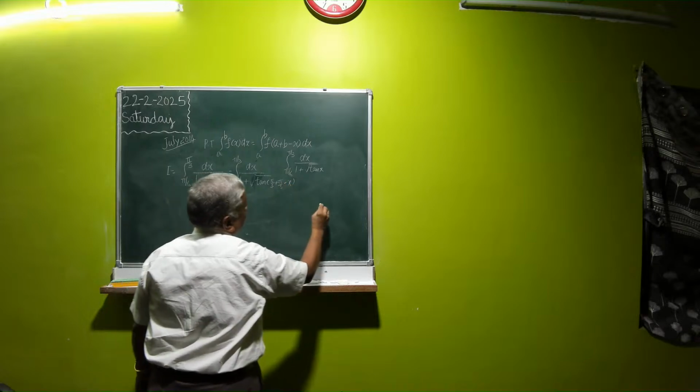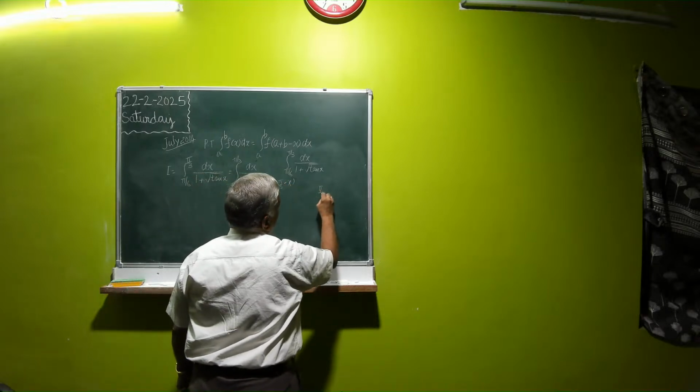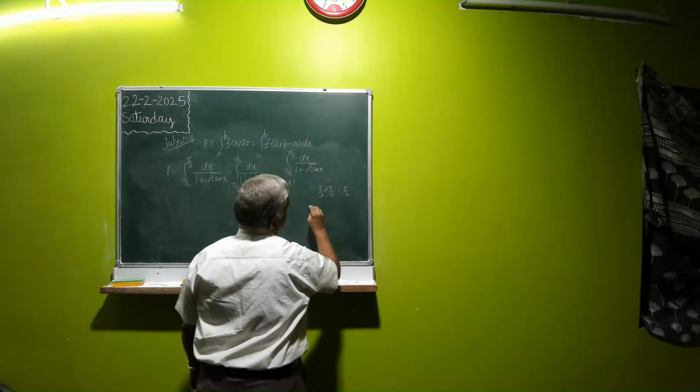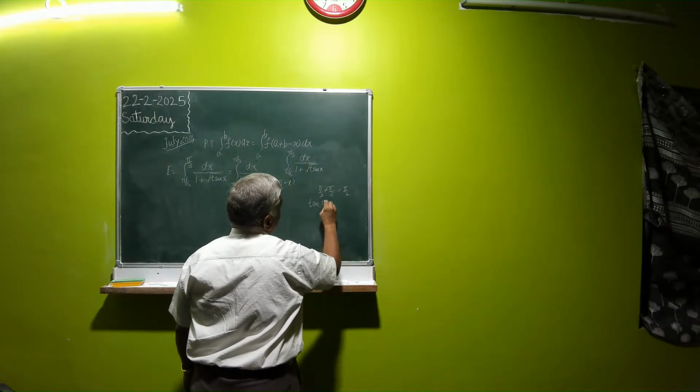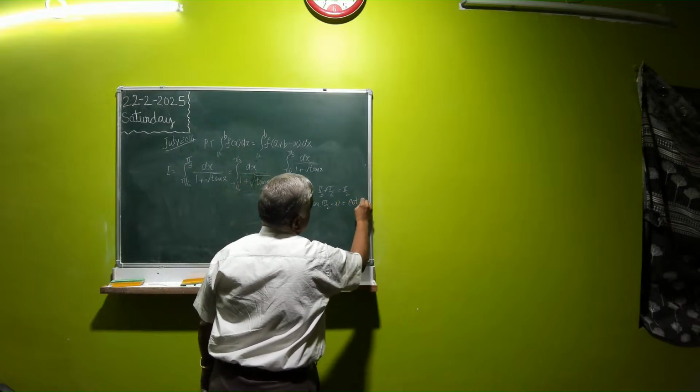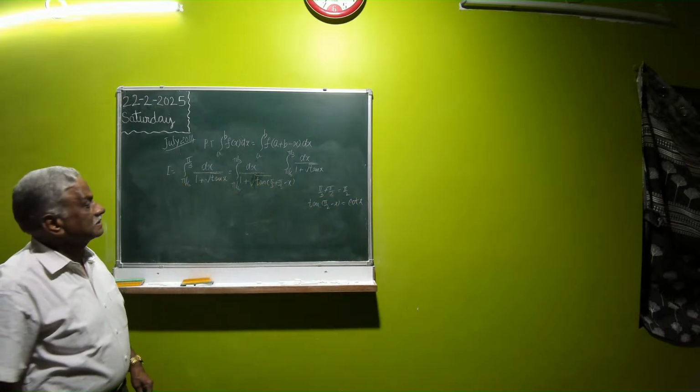See, pi by 3 plus pi by 6 is pi by 2. So you have tan of (pi by 2 minus x), which is cot x. You need to have knowledge of allied angles.